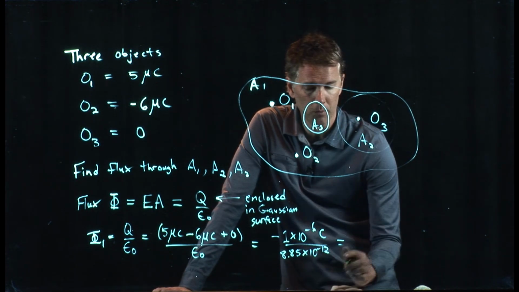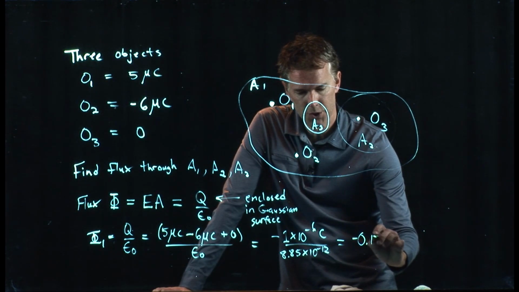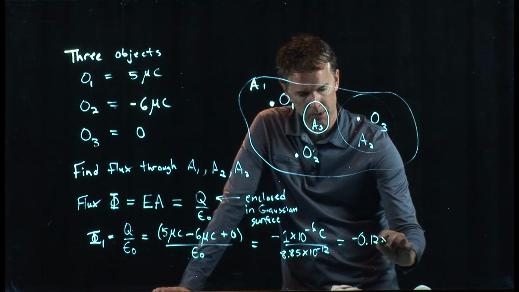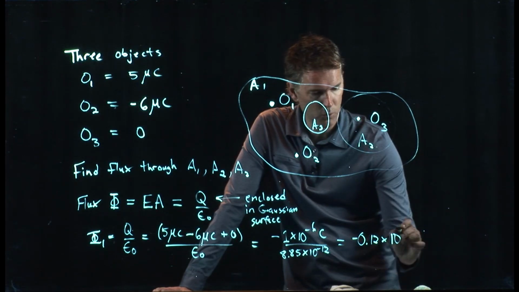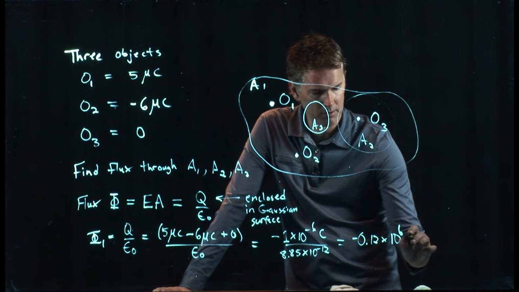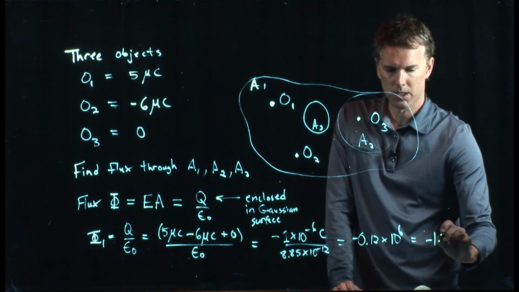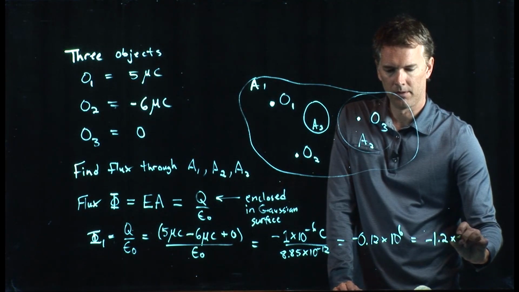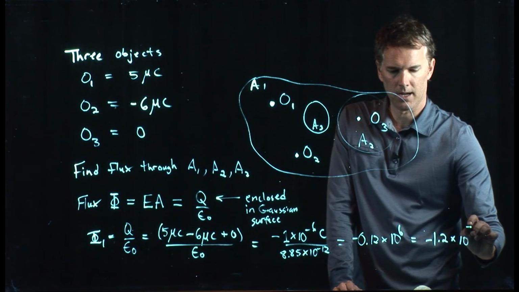1 over 9 would be 0.11, but it'd probably be more like 0.12. And then this is going to be 10 to the minus 6. I have to add 12, so I get a 10 to the 6. So I'm going to say this is minus 1.2 times 10 to the 5, right?